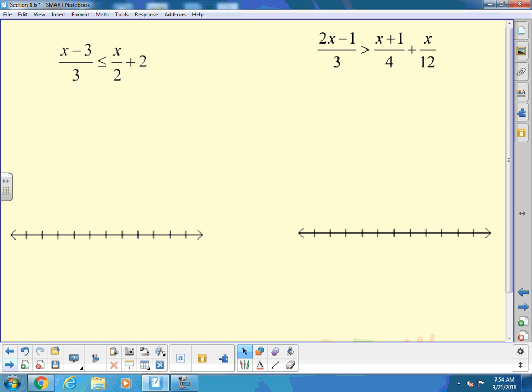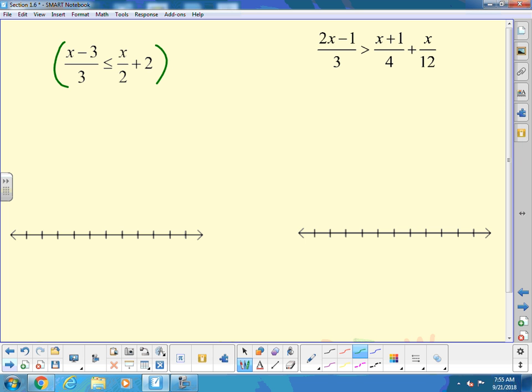So looking at this first problem, what is the least common denominator between the 3 and the 2? 6. So we're going to multiply both sides of this inequality, and I'll just put the whole thing in parentheses, times 6. So now we're distributing it in to all of our terms.